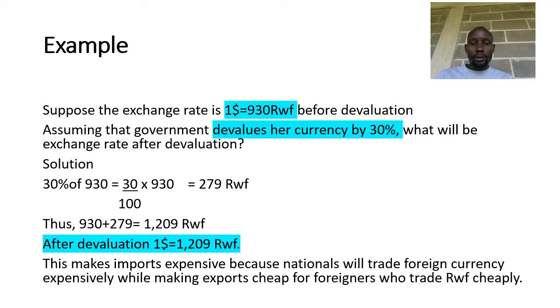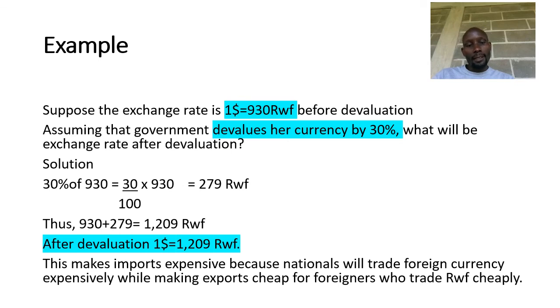So devaluation, we said, is the legal reduction in the value of a country's currency in terms of other currencies. So if we assume that the exchange rate today for a United States dollar is 931 francs for $1, and we also assume that government devalues her currency by 30%. Now, to determine the new level of exchange rate, we shall calculate 30% of 931 francs.